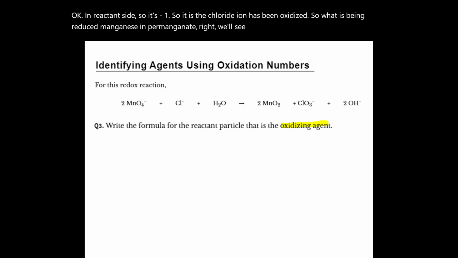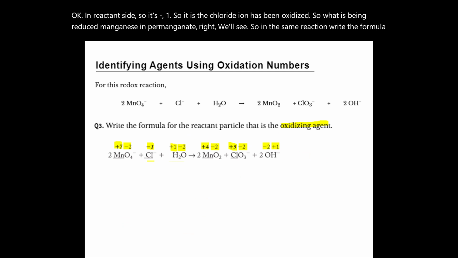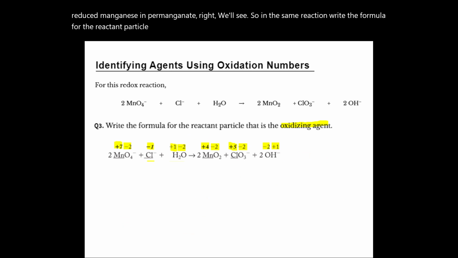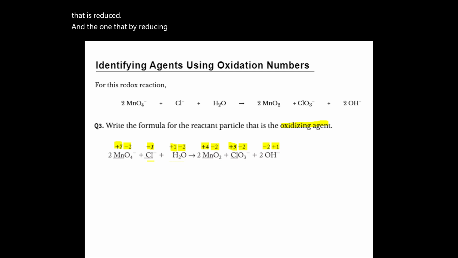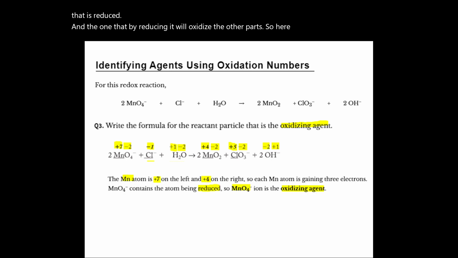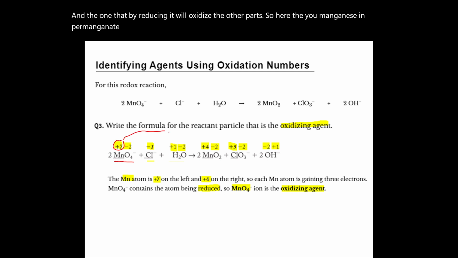So in the same reaction, write the formula for the reactant particle that is the oxidizing agent. Oxidizing agent means the one that is reduced, and by reducing it will oxidize the other part. So here you see manganese in permanganate is being reduced from +7 to +4, so that's reduction.